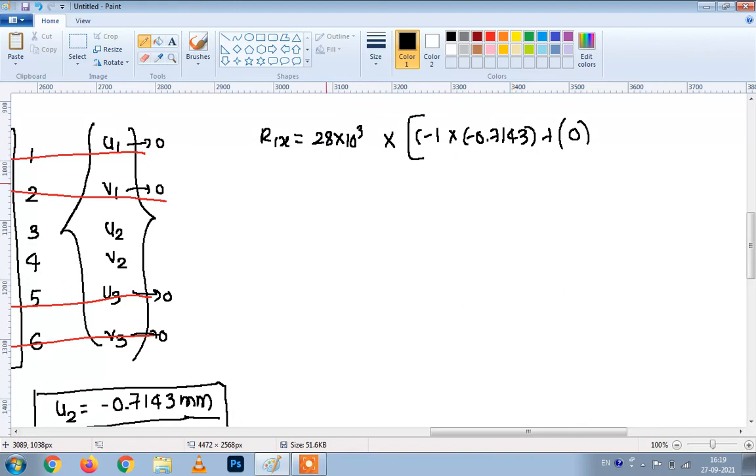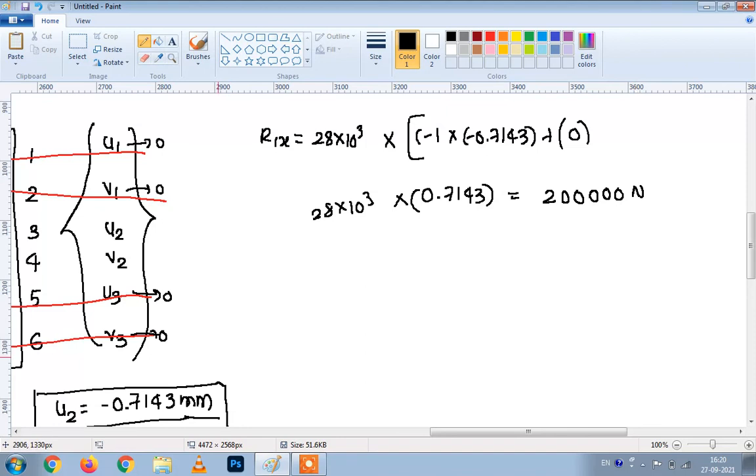So -1 into 0.7143 into 28 into 10 raised to 3. So this value of R1x according to my calculation is 0.00000 Newton we are getting here.